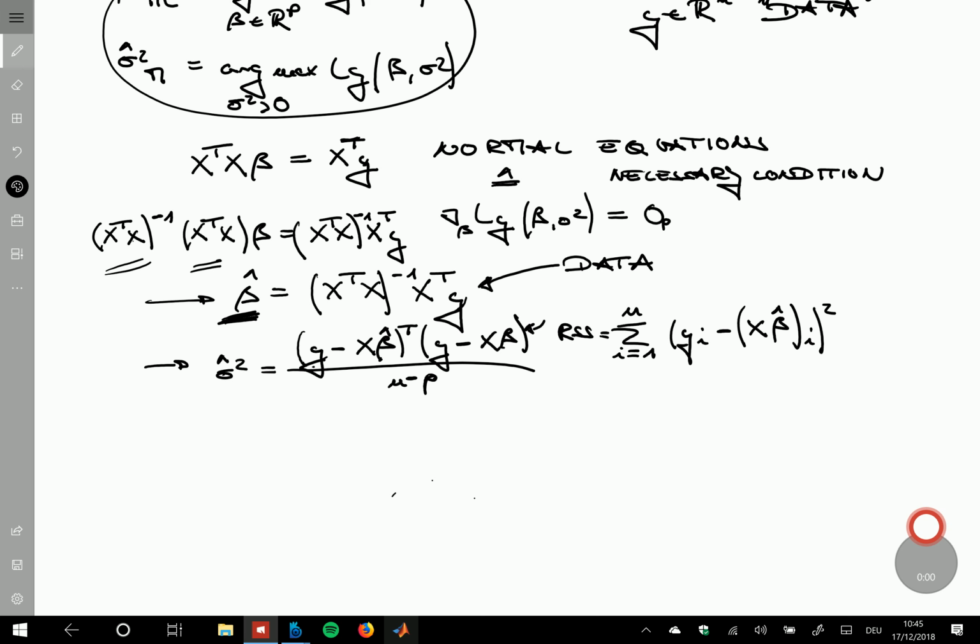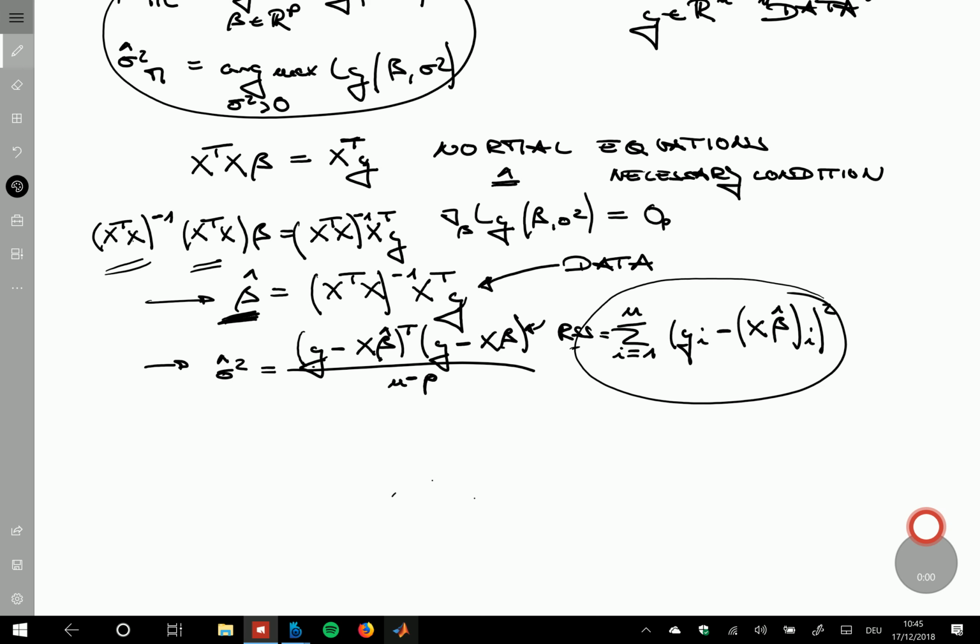What's RSS? That's the residual sum of squares. This is just the sum of the squared deviations between the prediction based on the beta estimator and the data.